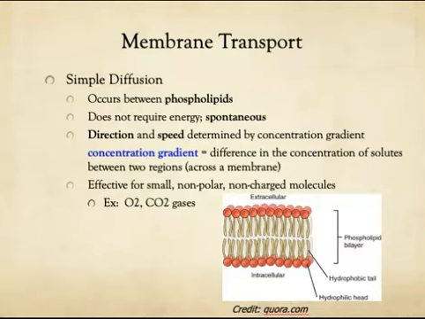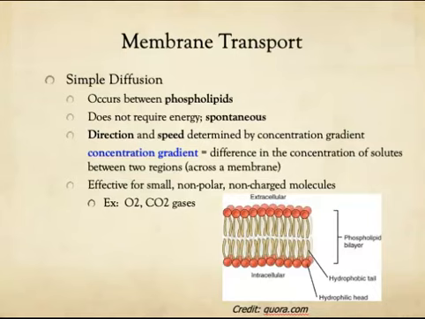That means it does not require any energy in order to occur. The only thing that drives simple diffusion is a concentration gradient. The direction of transport and the speed of transport are going to be determined by this concentration gradient.